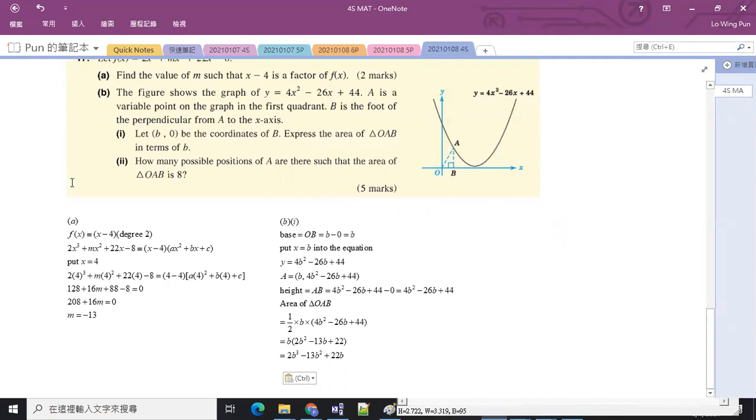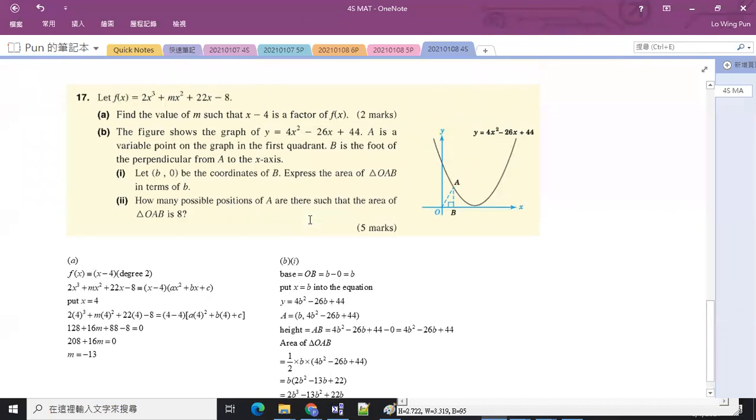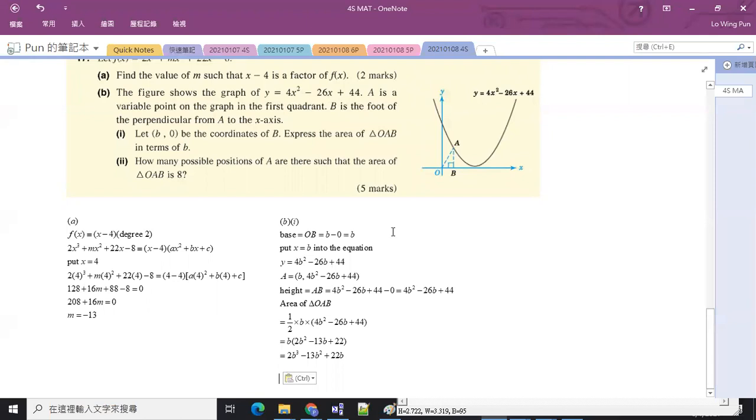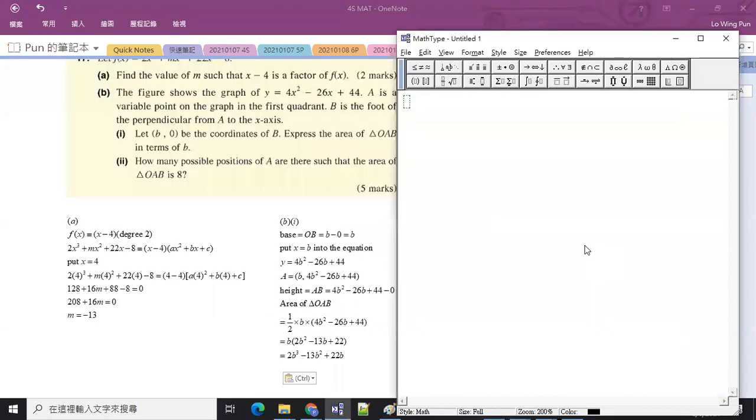And then part B. How many possible positions of A are there such that the area of triangle OAB is 8? 好啦，area of triangle OAB 就係 2b 3次減 13b 2次加 22b。而家我想要個 area of triangle OAB 係等於8嘅。Okay, so I need to put the area 2b cubed minus 13b squared plus 22b to be equal to 8, and then solve for b.